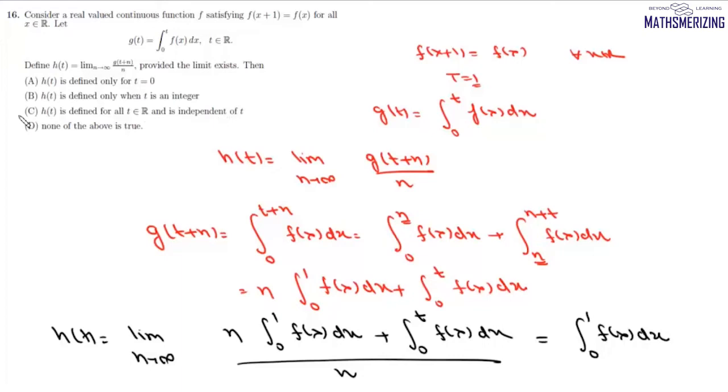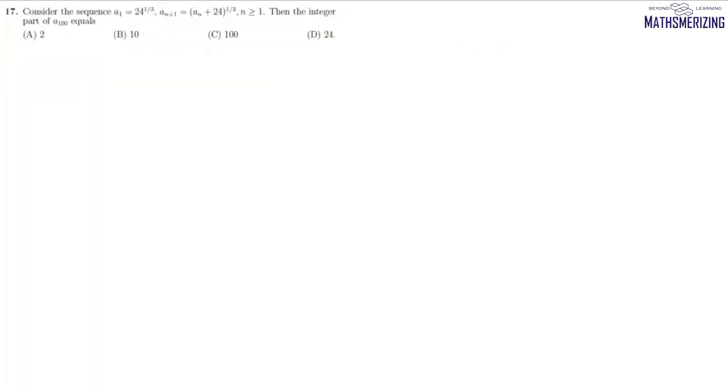Now question number 17 is, consider the sequence a1 is 24 to the power 1 by 3, a(n plus 1) is the sum of a(n) and 24 to the power 1 by 3 for n greater than 1. Then we need to find the integral part of a100.